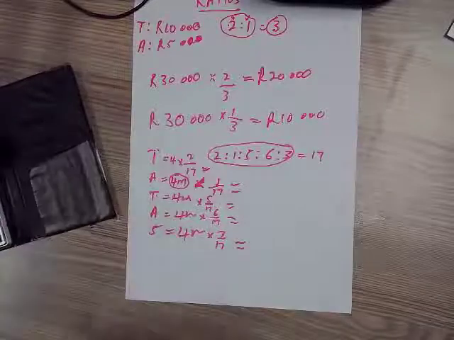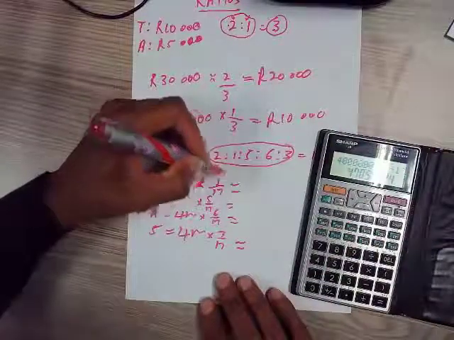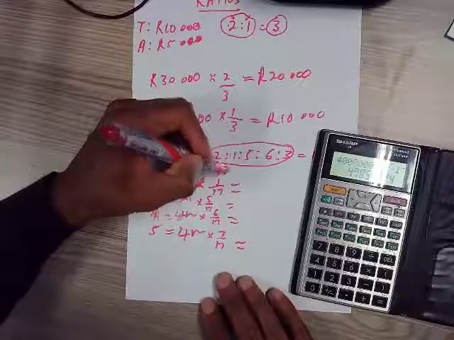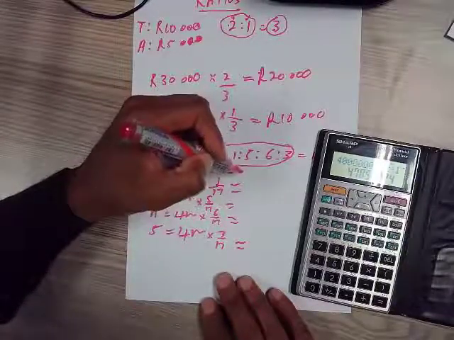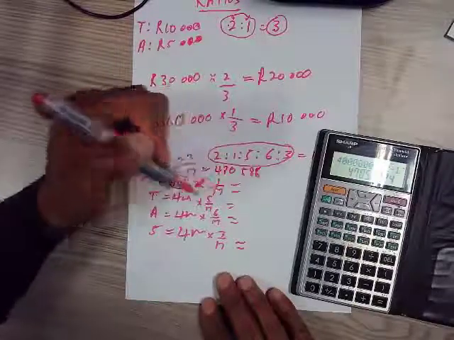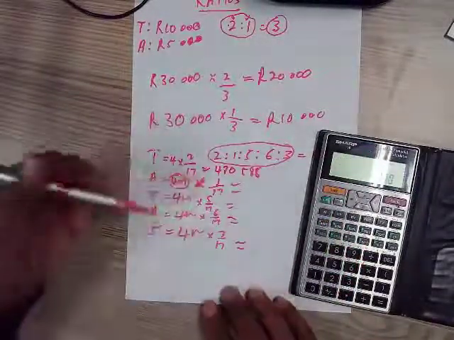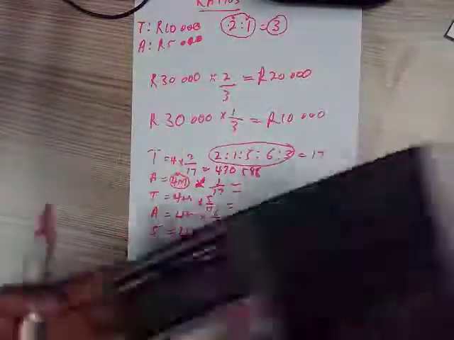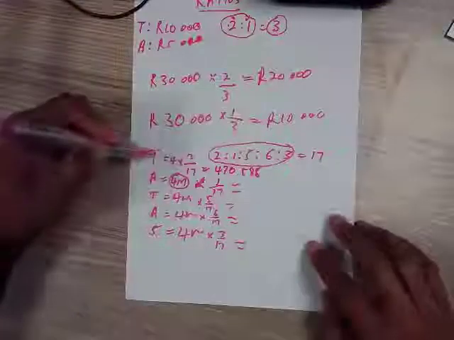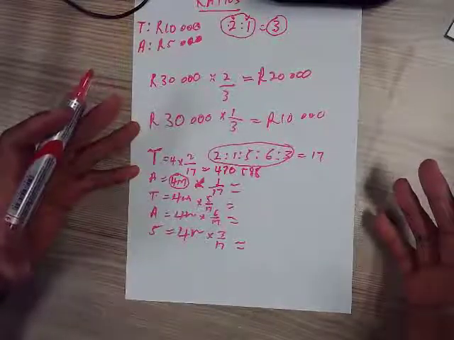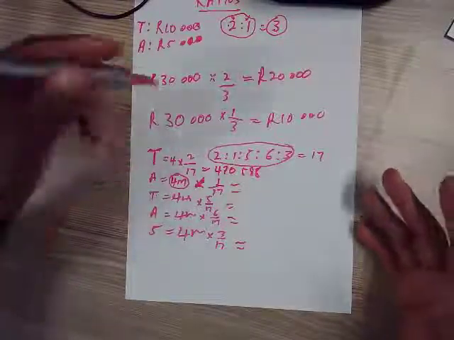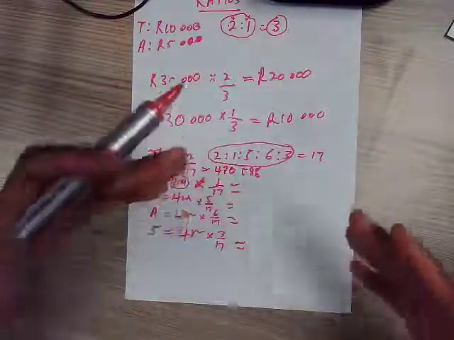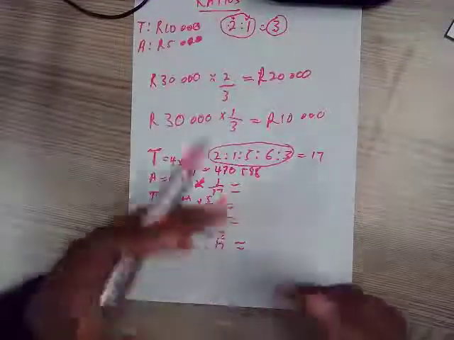That's the first person's share, 470,000 and so on, and the same for the other persons, and so forth. I just wanted to show you the concept of how you share money amongst people according to this ratio, according to the shares, or according to the stake they have within the company. I hope that makes sense.